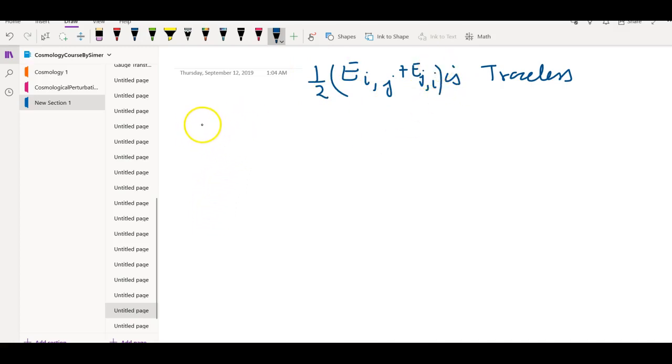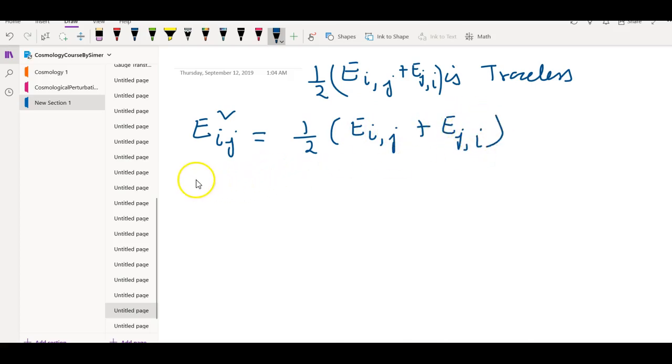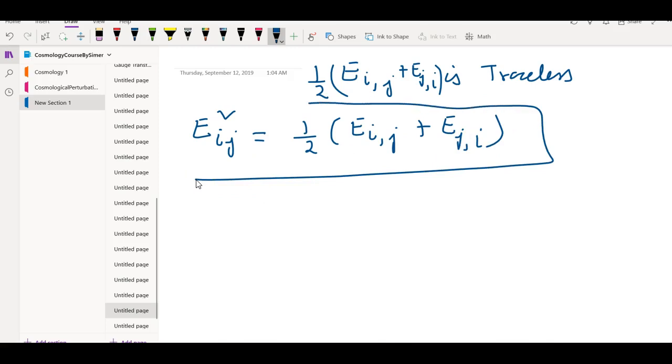Therefore, E_ij vector part is this, E_ij plus E_ji, and this is symmetric and traceless. Symmetric and traceless.